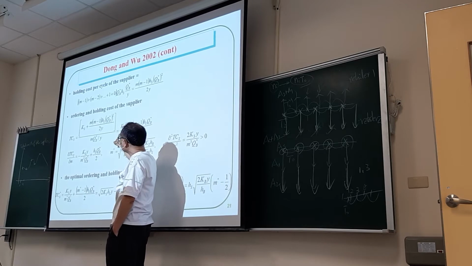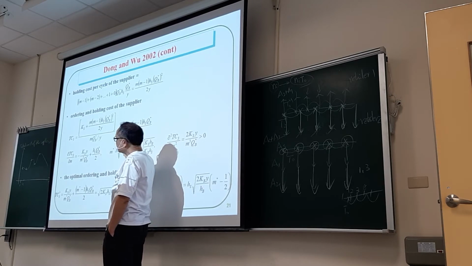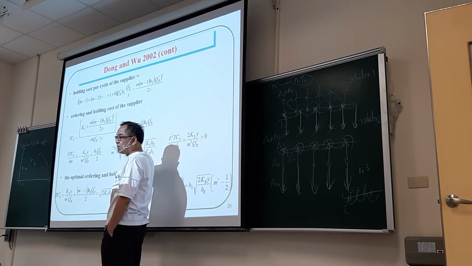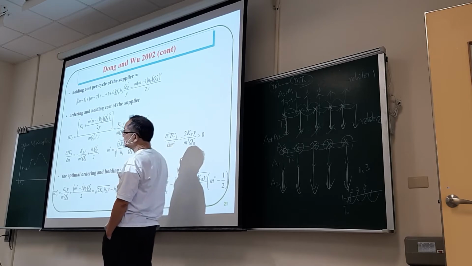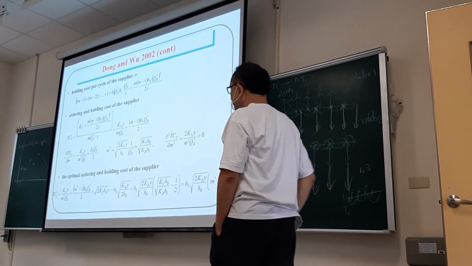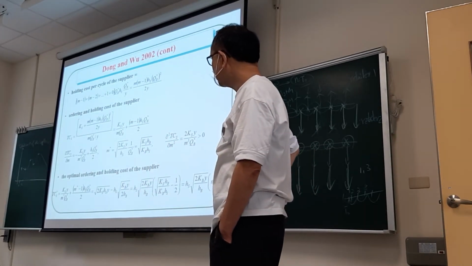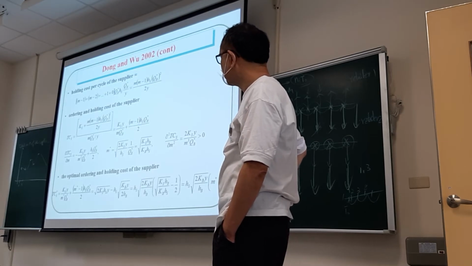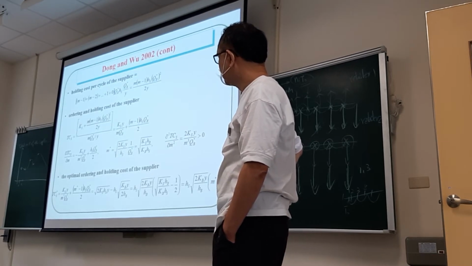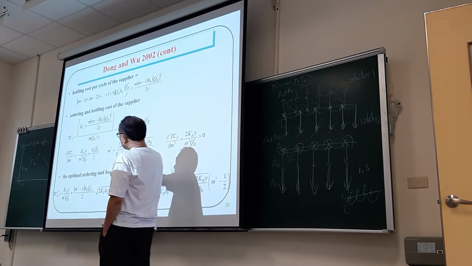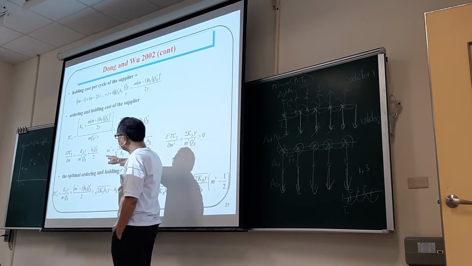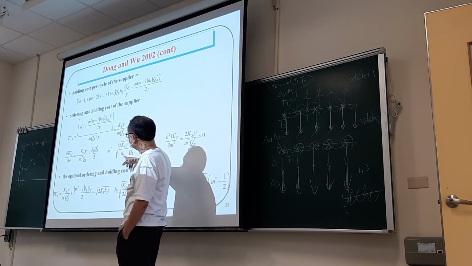This is the size of order for the supplier, divided by Y. Then take the first partial derivative over n.